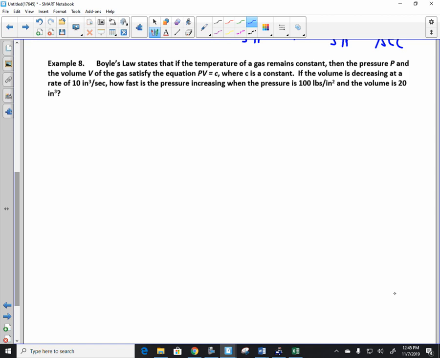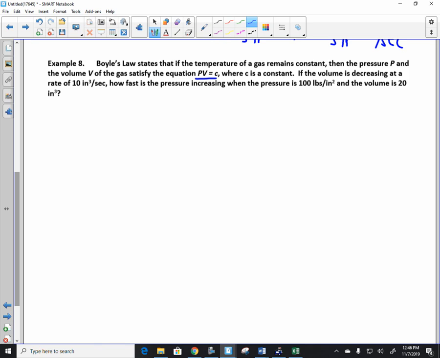Boyle's law. Are people familiar with Boyle's law? Okay. Boyle's law states that if the temperature of gas remains constant, then the pressure and the volume of the gas satisfy the equation P times V is equal to C, where C is a constant.